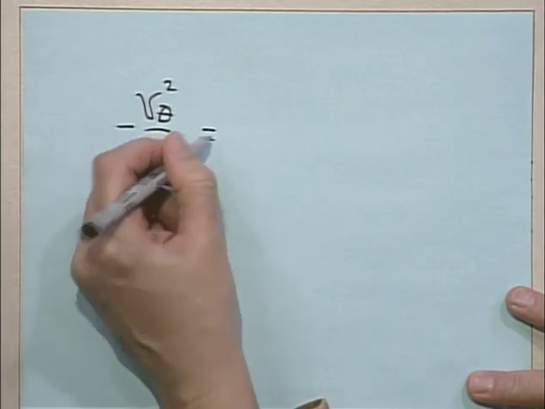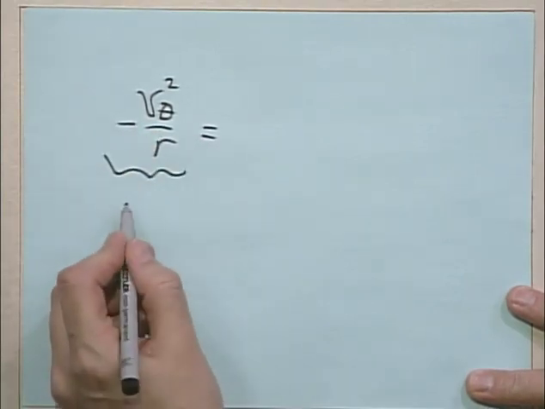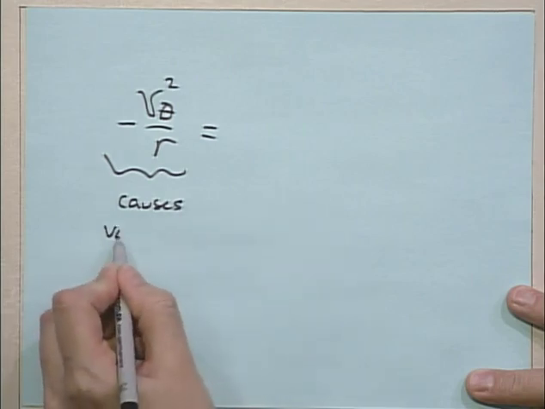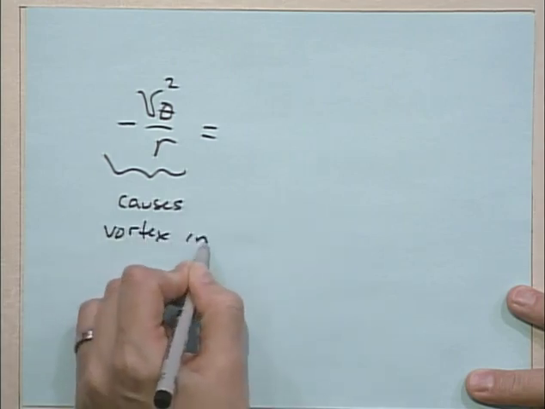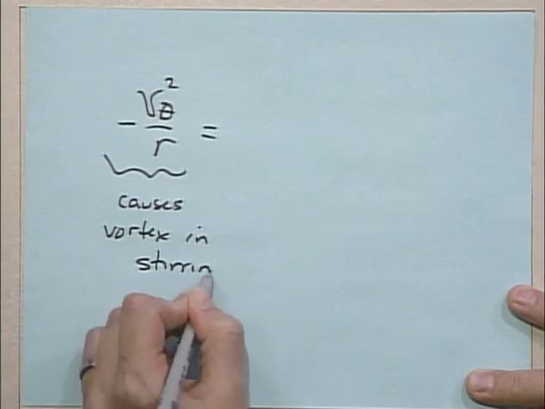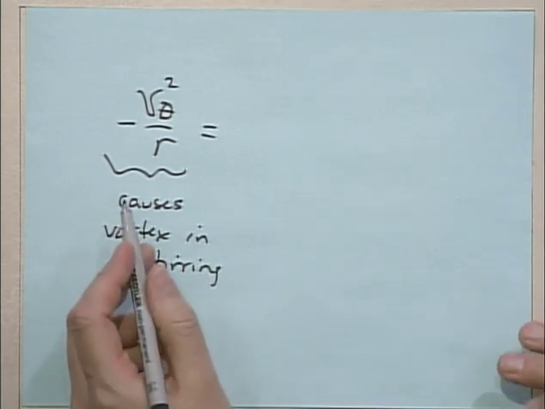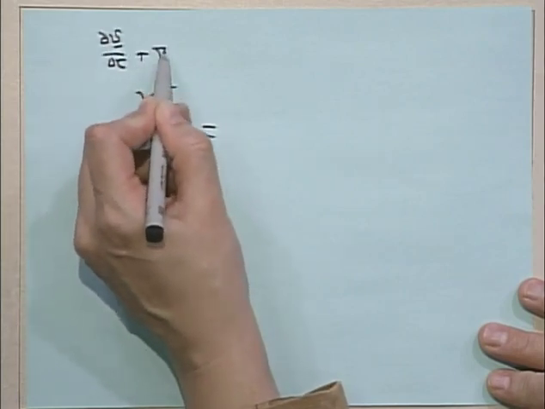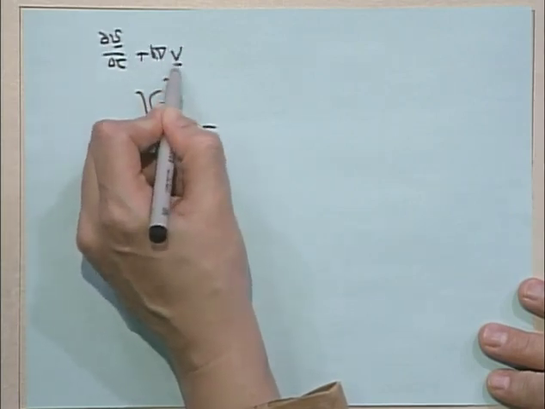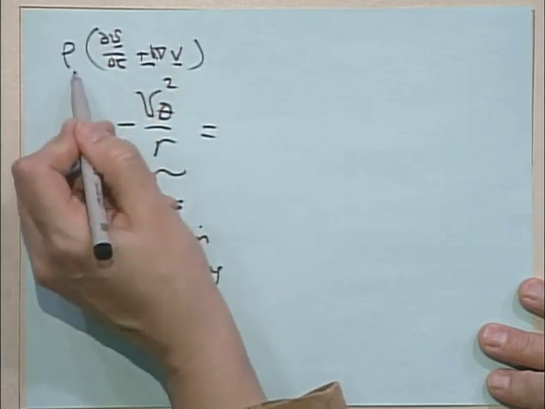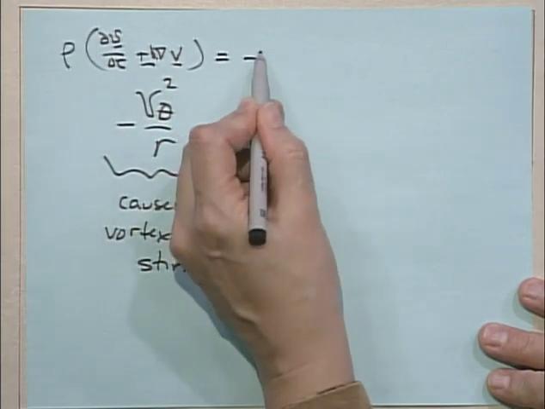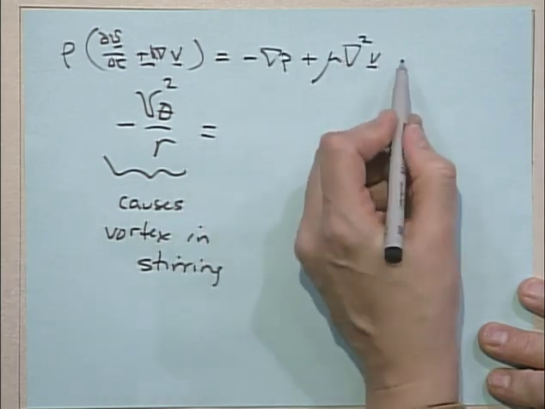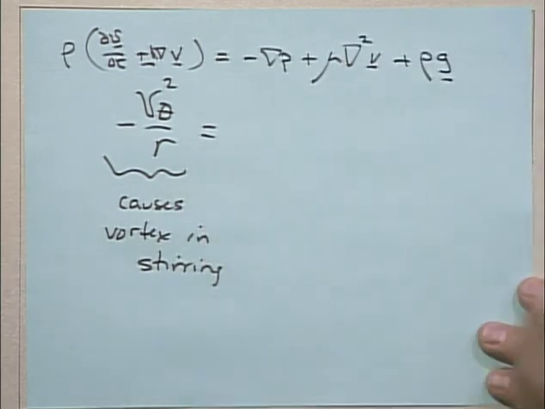Okay, that inertia term on the left-hand side causes that vortex in stirring. Okay, that's an inertia effect. That's the left-hand side of the Navier-Stokes equations. Where the density is, that's where the inertia is. Where the viscosity is, that's where the viscous contributions are.